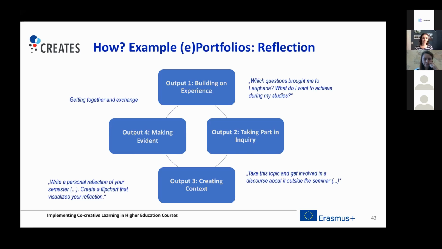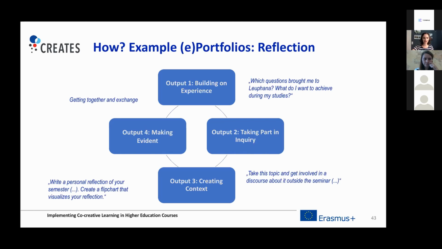And it was built around 4 outputs, which are basically 4 sets of prompts to encourage students to think about what it is that they want to get out of their master's course of study, what it is that drew them to this topic in the first place, so connecting what they care about, their values and what's important to them, as well as their future goals, to what they're studying right now.